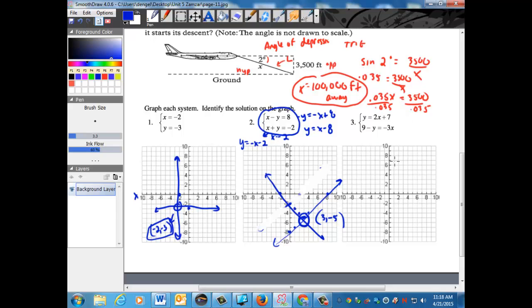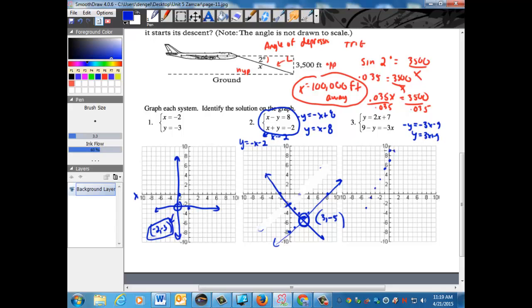Alright, y is equal to 2x plus 7. Rise 2, run 1, down 2 over 1, down 2 over 1, down 2 over 1. And then -y equals -3x minus 9. Y is equal to 3x plus 9.